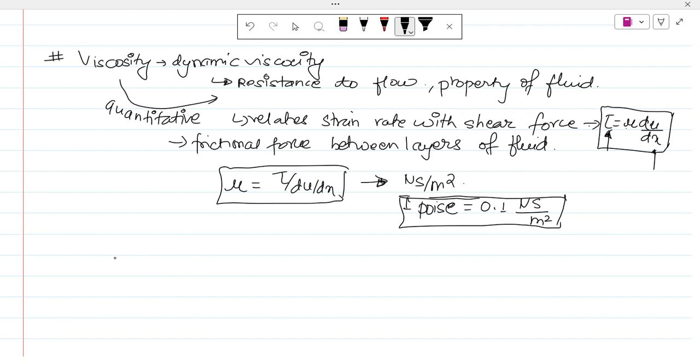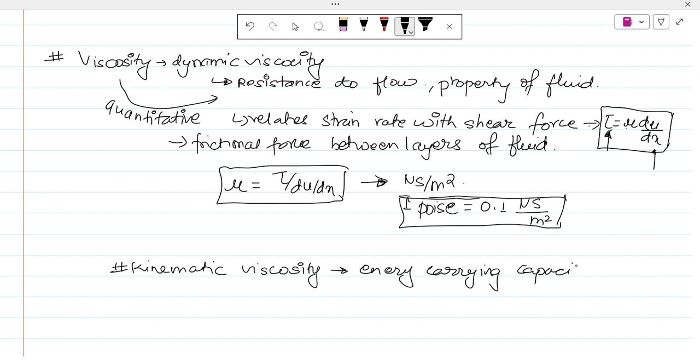We have our kinematic viscosity here. What is kinematic viscosity? It is a measure of how much momentum a fluid can carry. And how is it calculated?